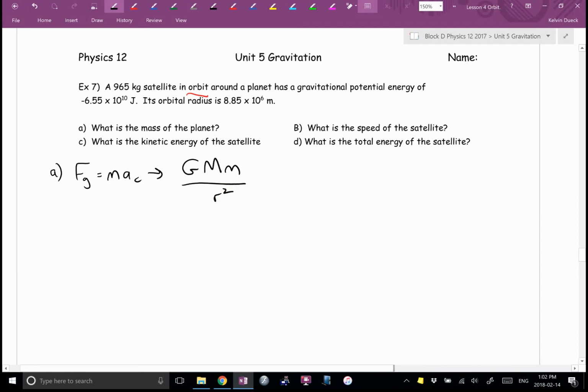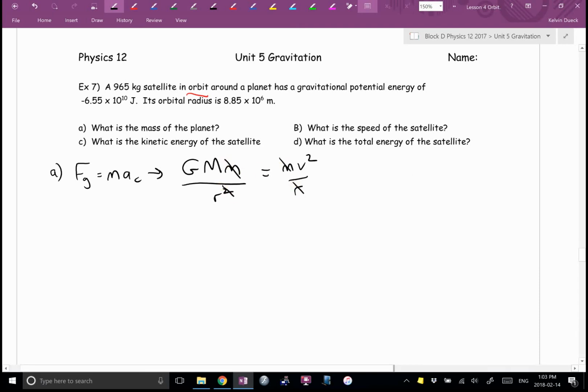By the way, the equation for force looks an awful lot like the equation for potential energy, and all I can say is don't get them mixed up. I went with v squared over r because part B mentioned speed. The little m cancels. One of the r's cancels.